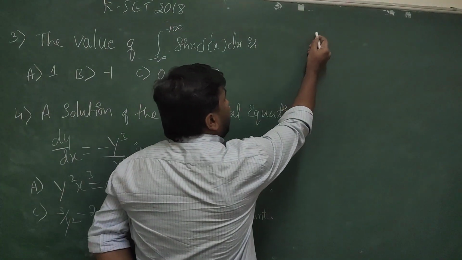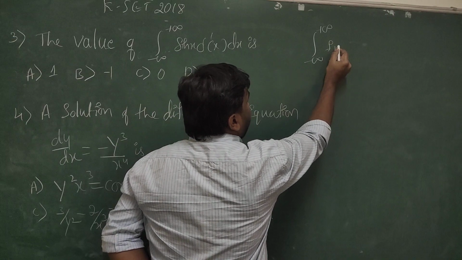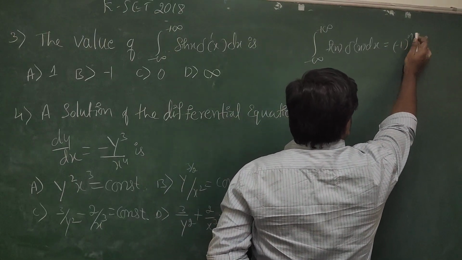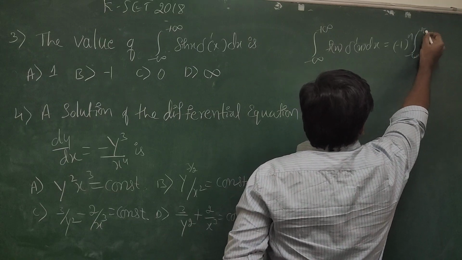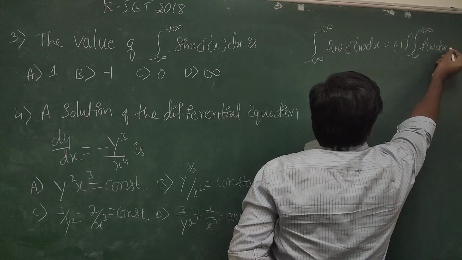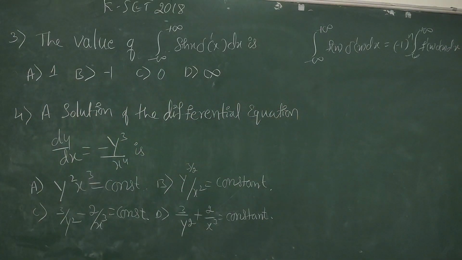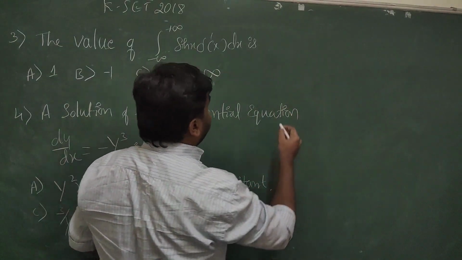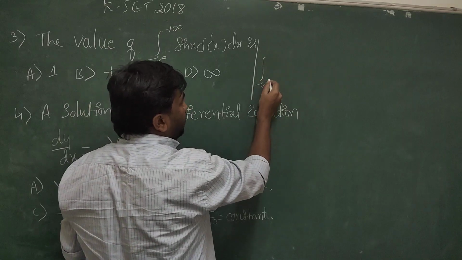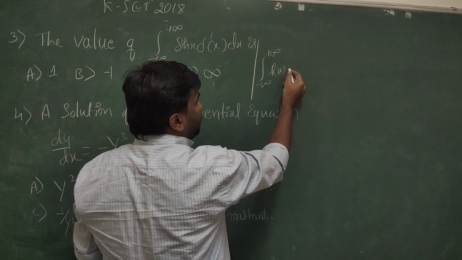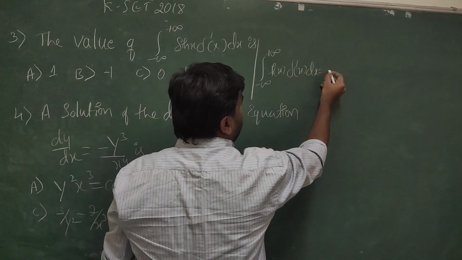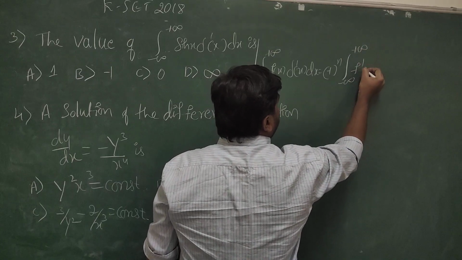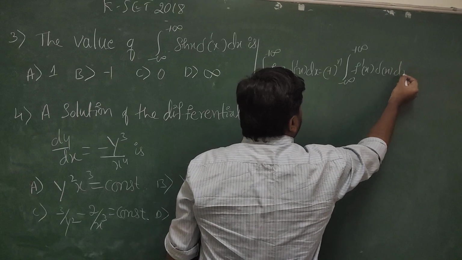We know that the integration from minus infinity to plus infinity of f of x delta prime of x dx is equal to minus 1 power n times the integration from minus infinity to plus infinity of f dash of x into delta of x dx. Let me write that once again.